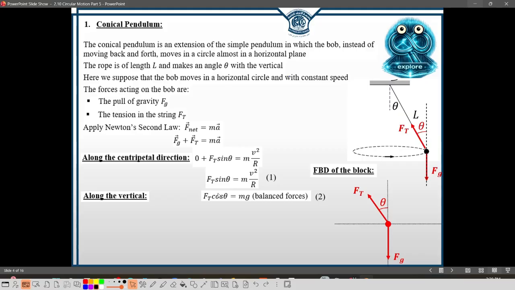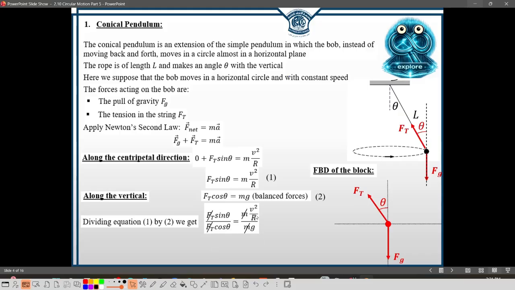We can solve them simultaneously, which means we can substitute one into the other, or we can simply divide 1 by 2. If we divide the two equations, we get Ft sine theta over Ft cosine theta, which equals mv squared over r, over mg. We can cancel Ft with Ft and m with m, and we end up with sine over cosine, which is just tangent, equal to v squared over r over g.